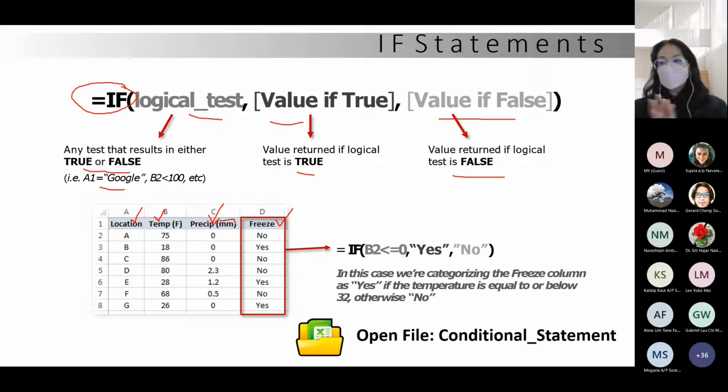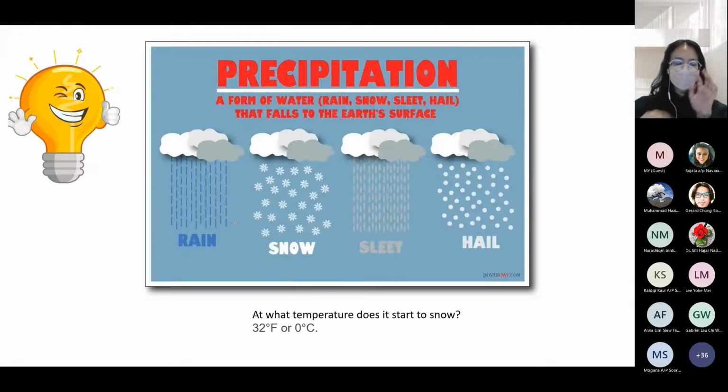In other words, precipitation is water falling in rain, snow, or hail form. This slide shows what precipitation is: a form of water, rain, snow, sleet, hail that falls to the Earth's surface.